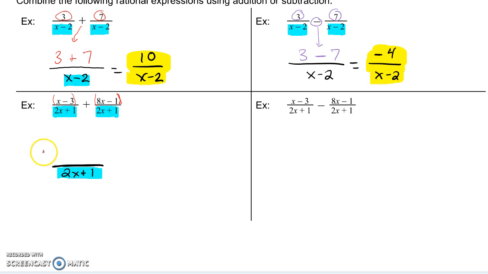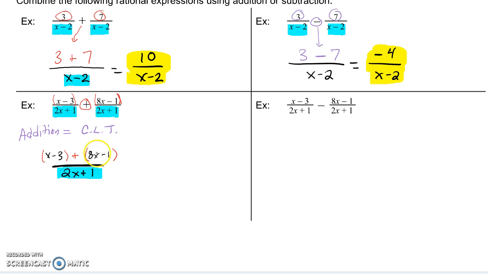So I want to consider the fact that I'm adding this numerator plus this numerator. In this case, it's an addition problem. Addition problems are just like above. It's not as big of a deal. Because when I have an addition problem, just like above, it's combined like terms.